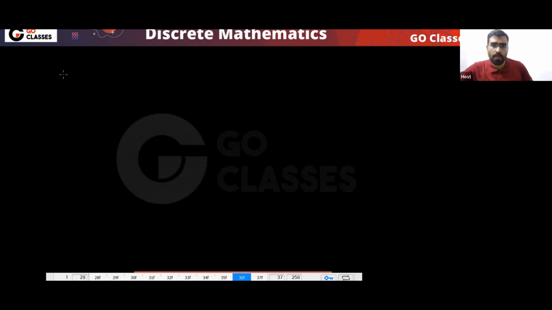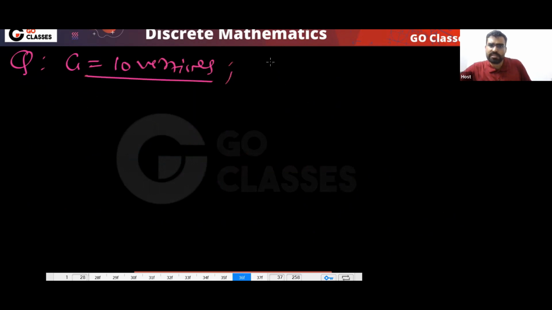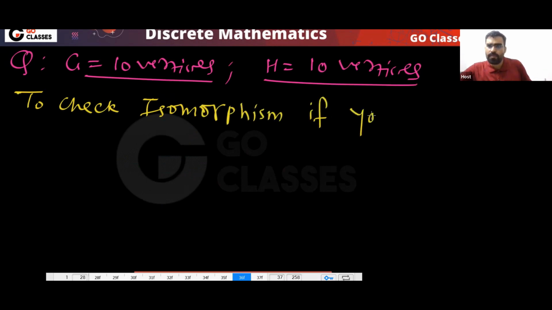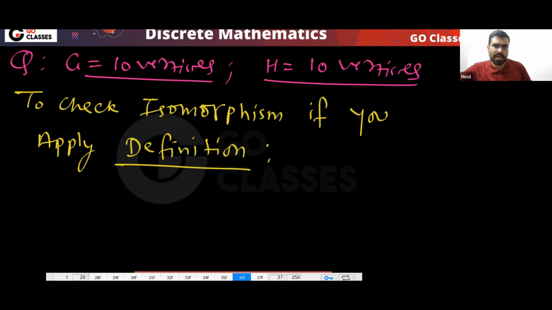But if you apply this definition, for example, let's assume I give you a graph G with 10 vertices and a graph H with 10 vertices. How much time will it take to prove isomorphism if you apply the definition?